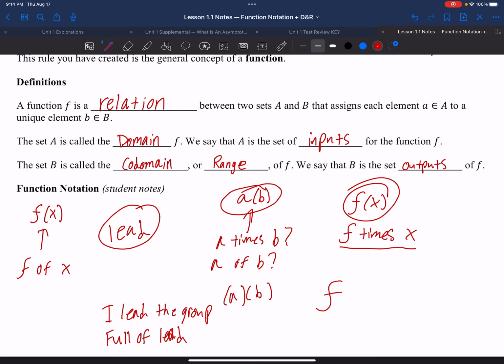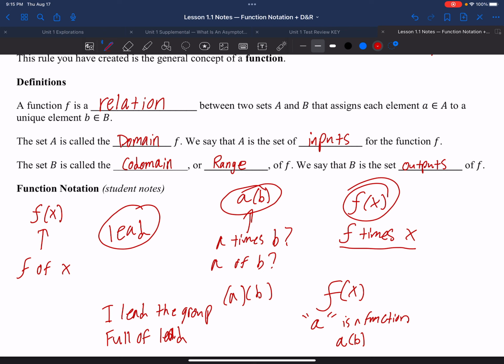Usually, f represents a function. And so when you see f of x, we say f of x. But if I say a is a function, and I do have a of b, I could say that. I can say a of b.